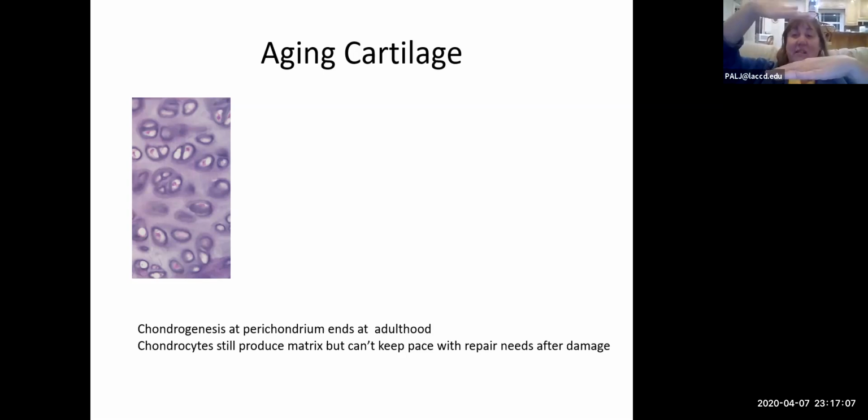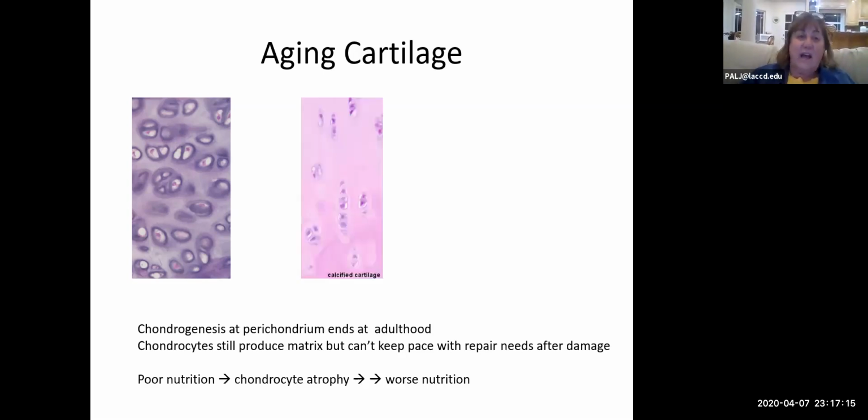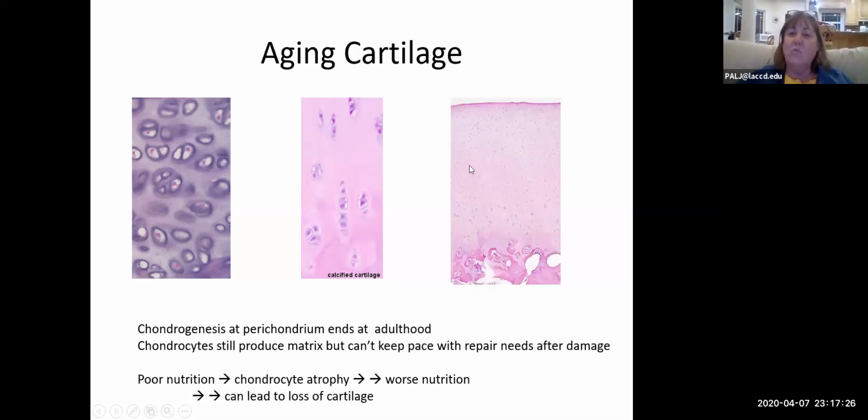If you're damaging cartilage, you want this much, and they go, I can't do that. I don't have enough nutrition to become that metabolically active, okay? So what happens is with that poor nutrition, the chondrocytes start shrinking up and dying, which gives them even worse nutrition, and we actually can lose cartilage, and we can get calcified cartilage, or we can have that cartilage change into a different type of tissue.